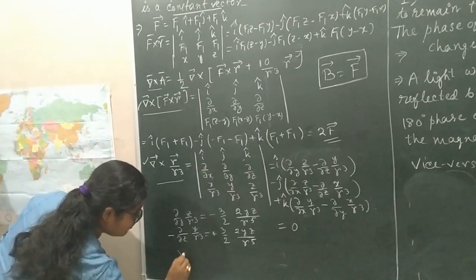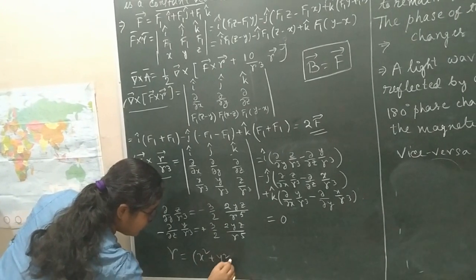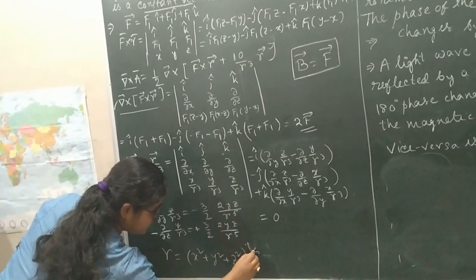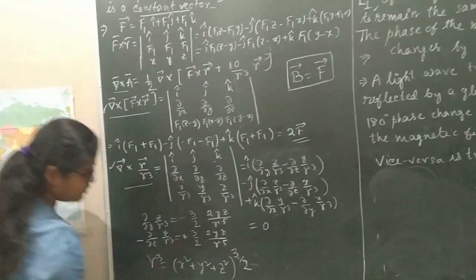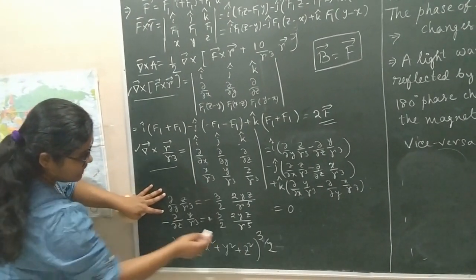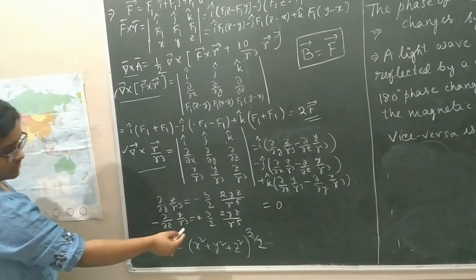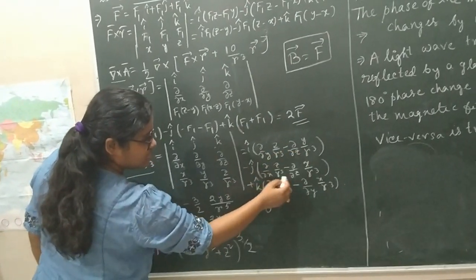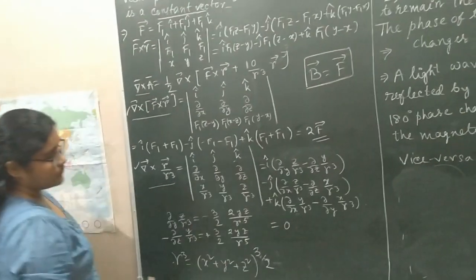Now we all know that R equals x square plus y square plus z square whole to the power 1 half, so R cube will be that whole to the power 3 by 2. You solve this using the R cube value and you get exactly the same and opposite with the other one. So this term will be 0, this term will be 0, this term will also be 0. So overall this becomes 0.